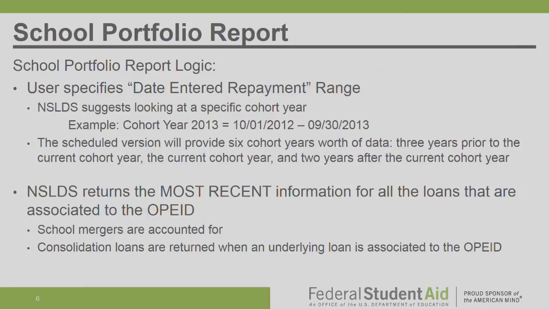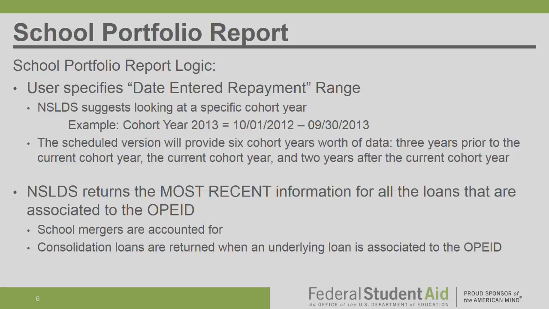The other thing I'll point out with this date entered repayment is that if you request the scheduled report, you don't get to put in that date range, but we're automatically going to give you 6 years' worth of data. It'll be, and I always have to look to say this, the 3 years prior to the current fiscal year, the current fiscal year, and the 2 years following the current fiscal year. That makes up the 6-year period.